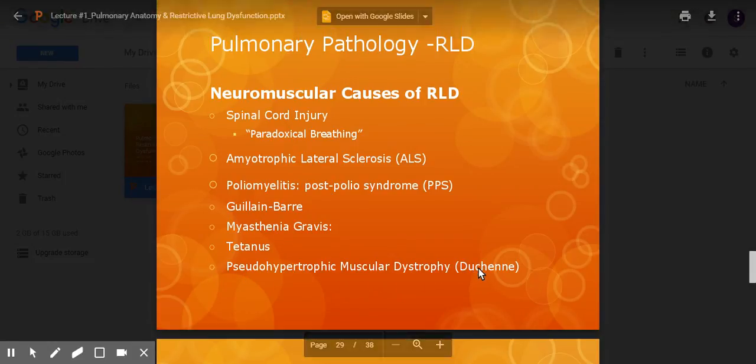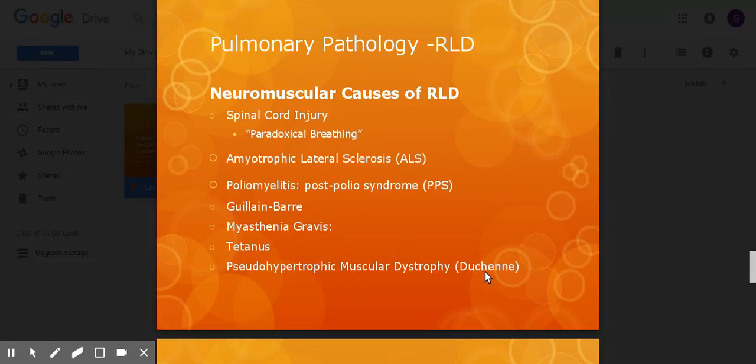Pseudohypertrophic muscular dystrophy, also known as Duchenne muscular dystrophy, is a genetic progressive degenerative myopathy. Eventually it affects respiration and is the cause of death in 75% of patients with muscular dystrophy, and this can happen typically around age 20.